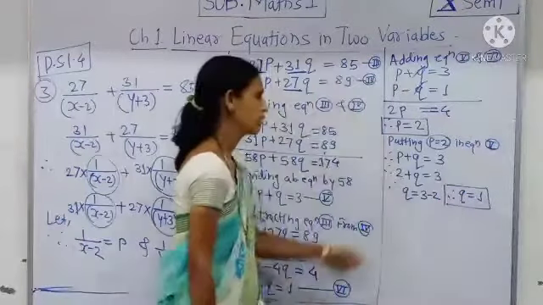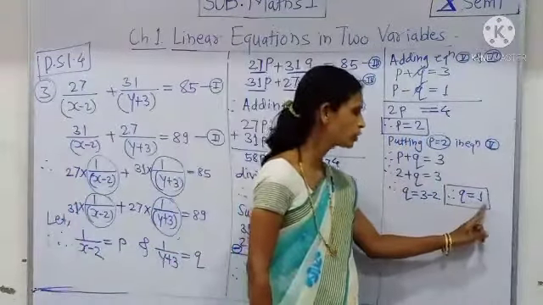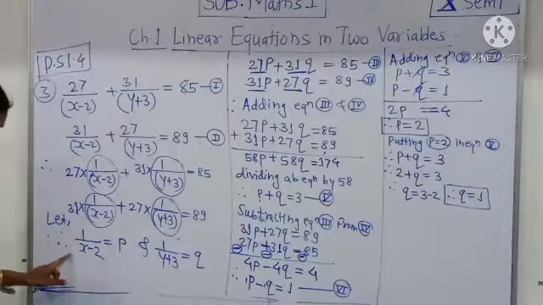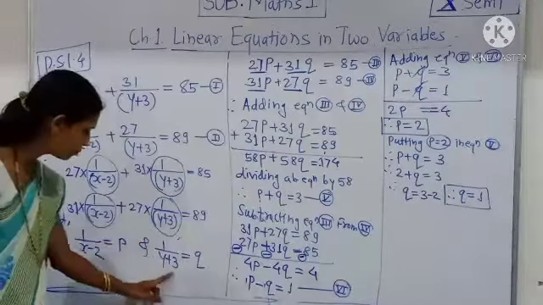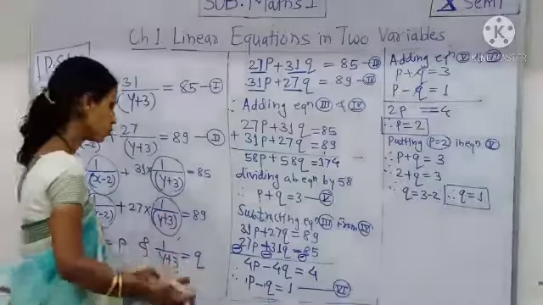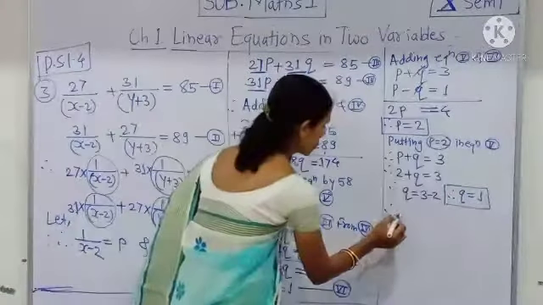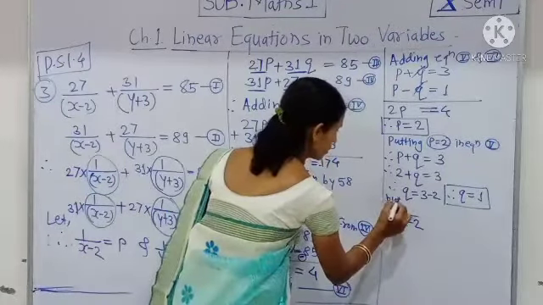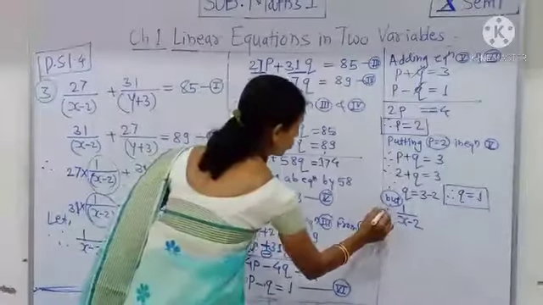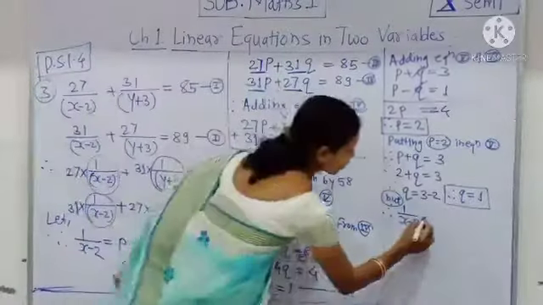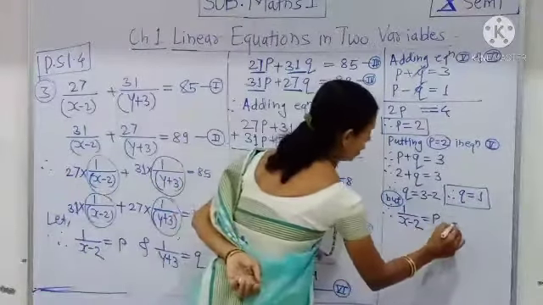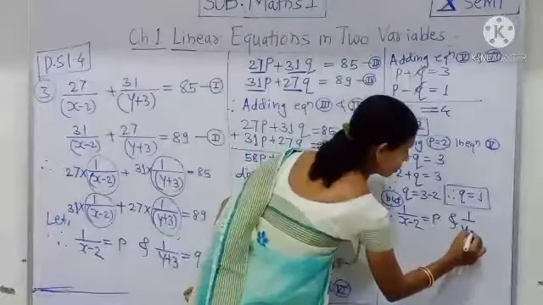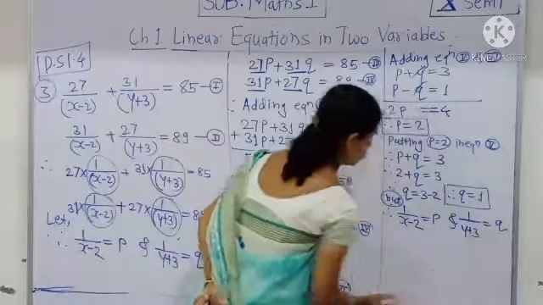That means, see here, the value of p is equals to 2 and q is equals to 1. The values of p and q are put in these equations to get the values of x and y and the solution of this equation. Therefore, see here, 1 upon x minus 2 is equals to p, and 1 upon y plus 3 is equals to q.